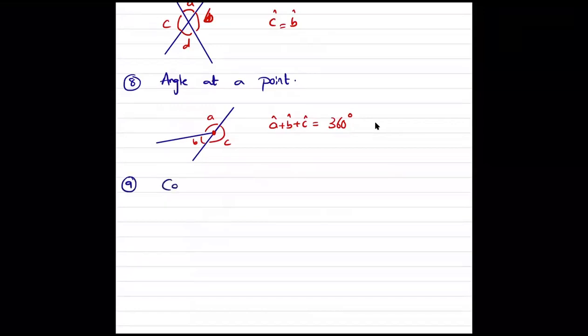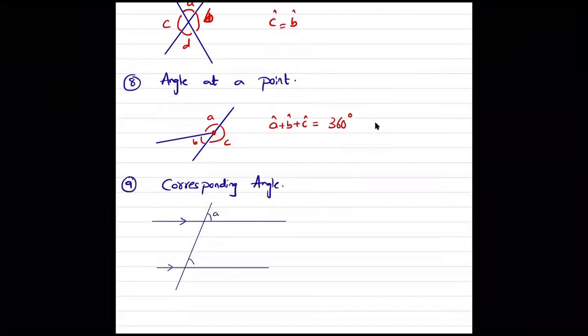Then let's look at what are corresponding angles. Let's say you have this line and these two are the parallel lines. If these two are the parallel lines, then if this angle is A, this must be equal to angle B as well.